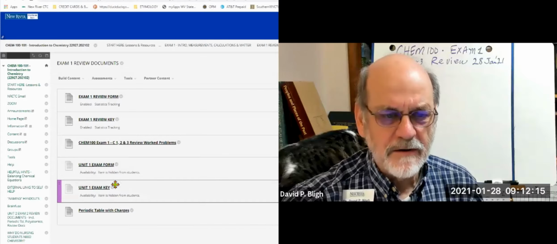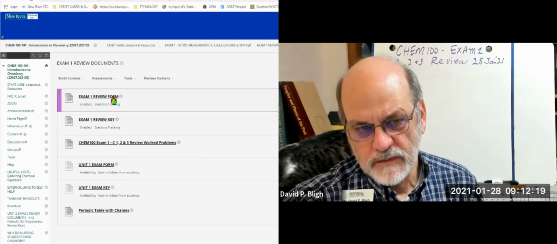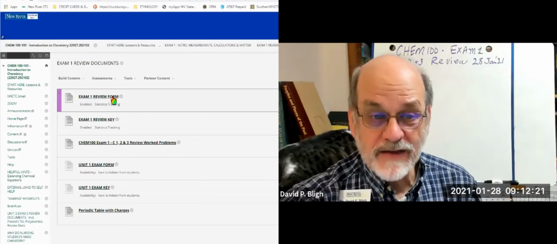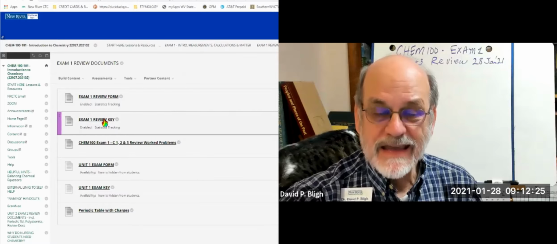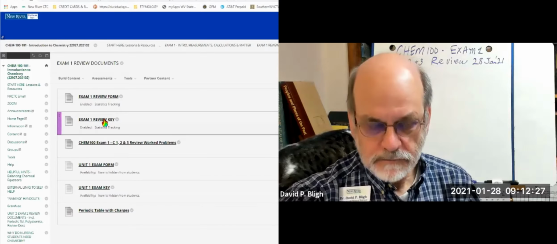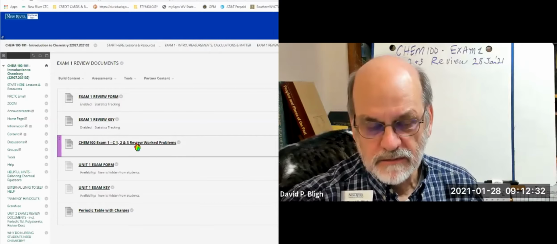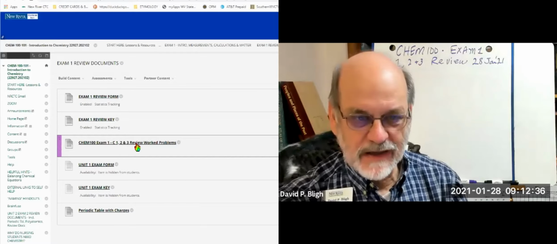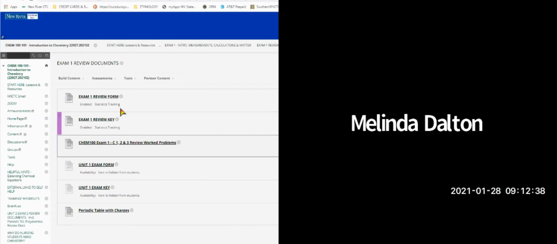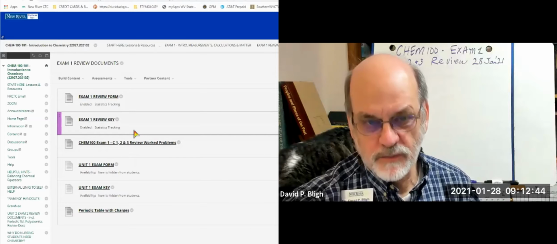These are grayed out, but this one, the review form will give you the review document with no answers in it, and the exam 1 review key will give you the answers. And then this document tells you how I worked each problem. It's in my handwriting, and I took great pains to make it legible. So with those 3 in hand, if you use those to review for the exam, you should be well prepared.